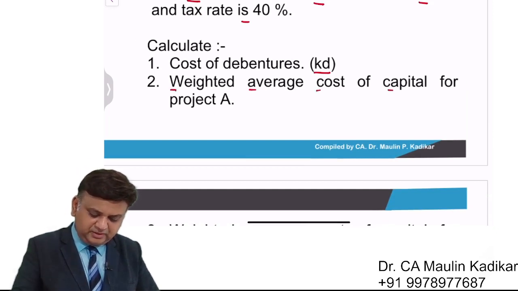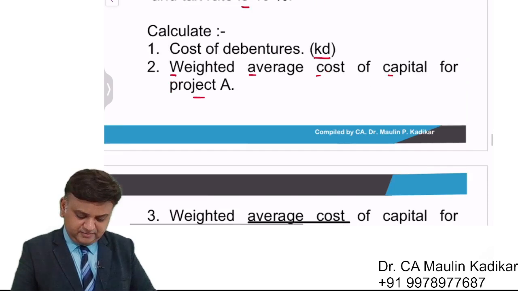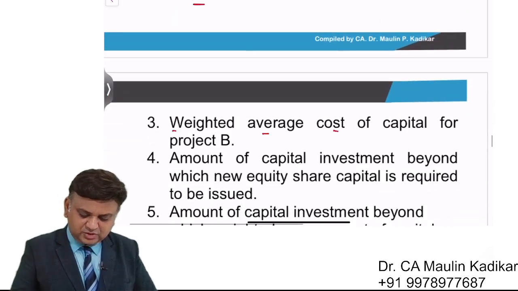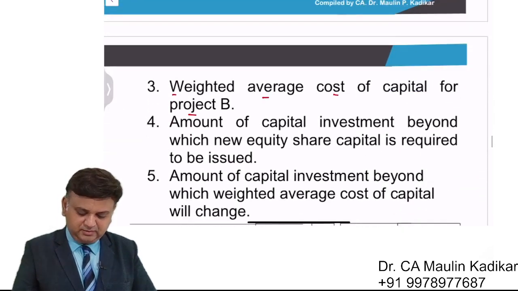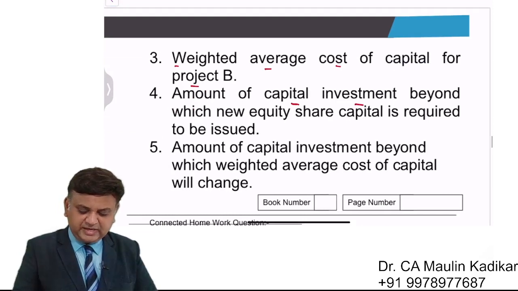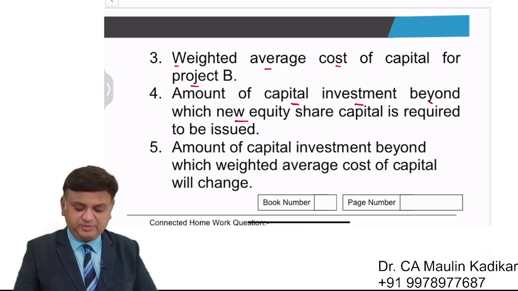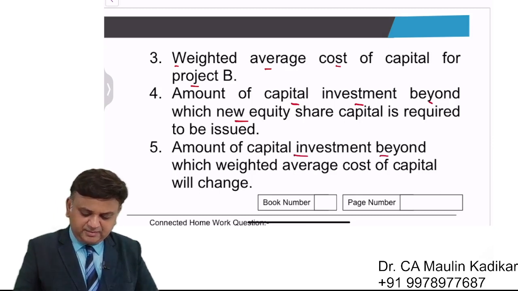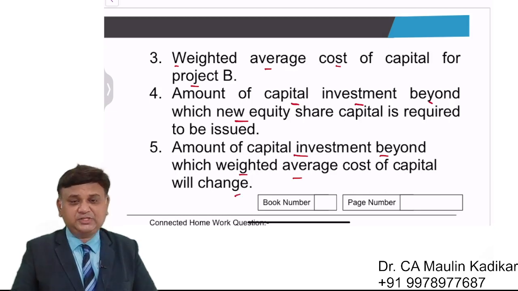Weighted average cost of capital for project A. Weighted average cost of capital for project B. Amount of capital investment beyond which new equity share capital is required to be issued, and amount of capital investment beyond which weighted average cost of capital will change.